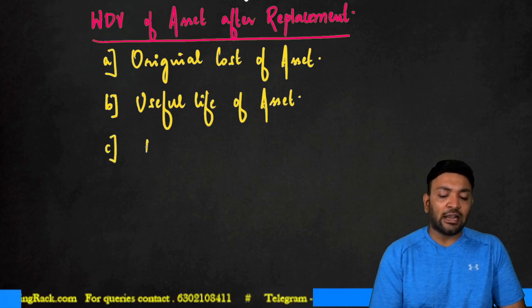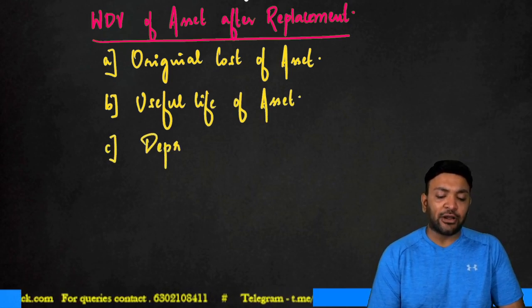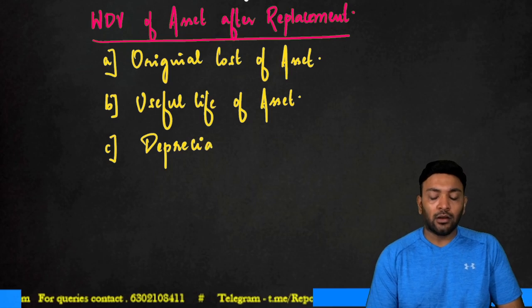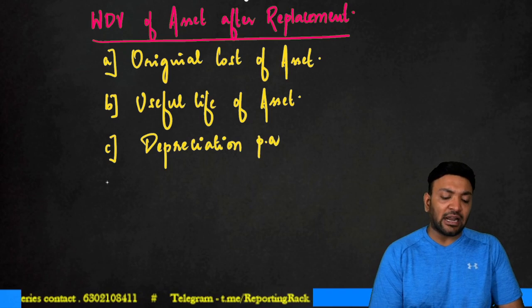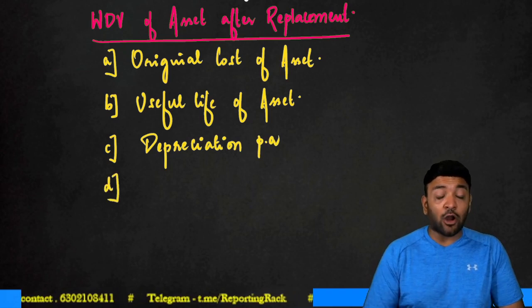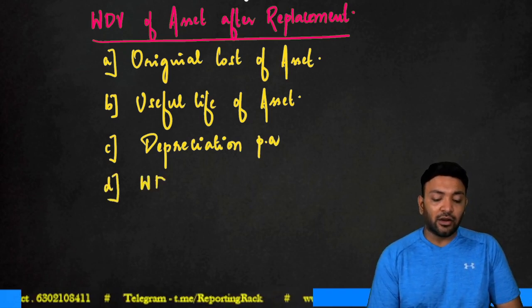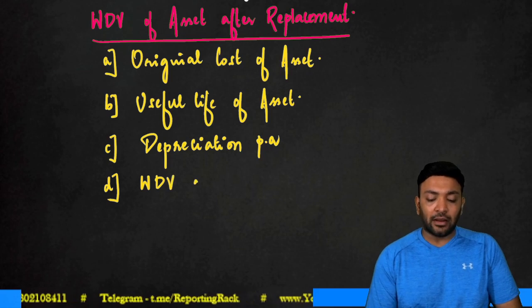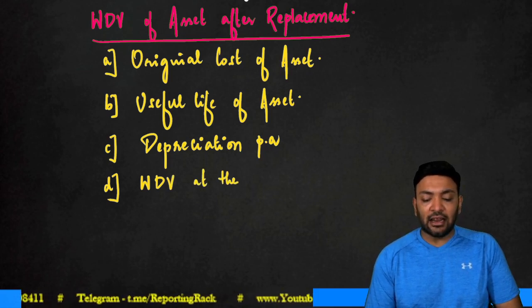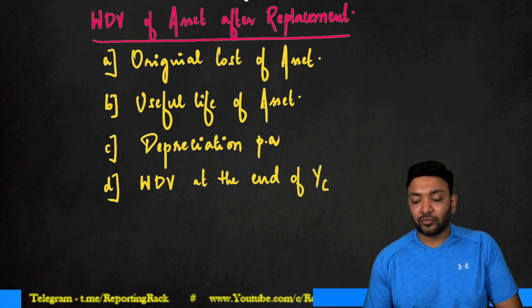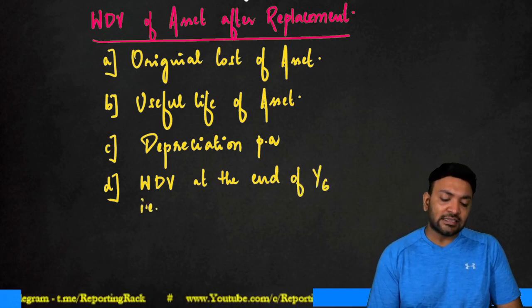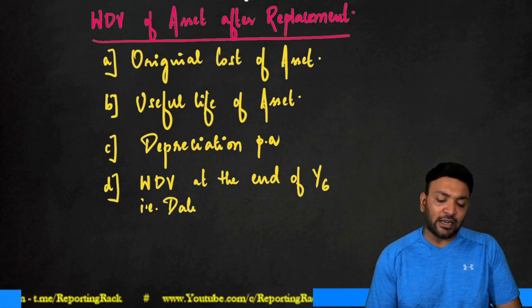Based on which calculate what is its depreciation per annum. After you calculate depreciation per annum, try to identify what is the WDV at the end of year 6, that is the date of replacement.